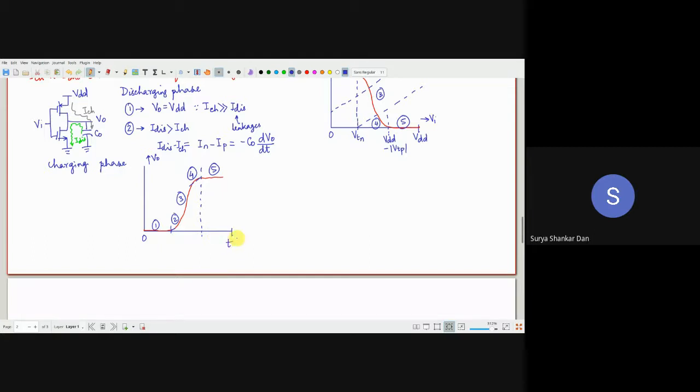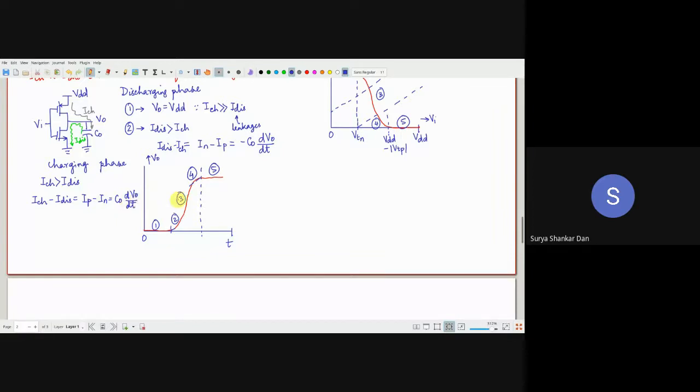Now in the charging phase, what is happening is your I charge should increase over the I discharge, and the difference between the two will be given by IP minus IN. That will be equal to the charging current.